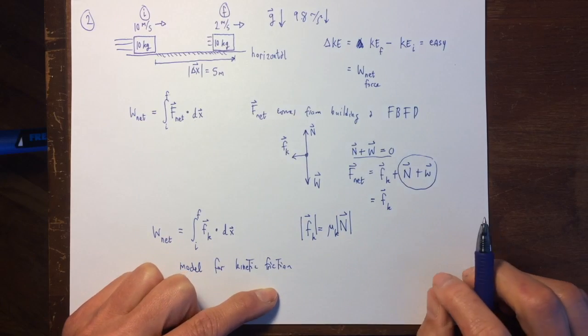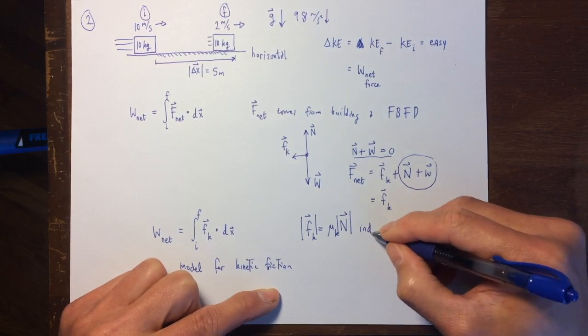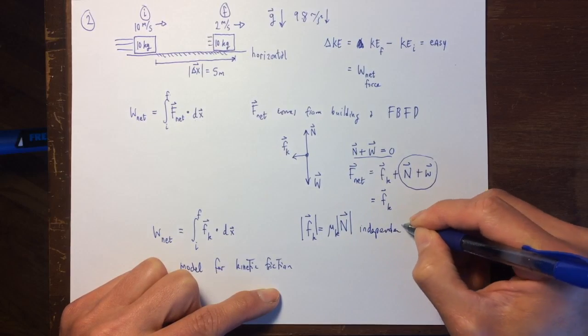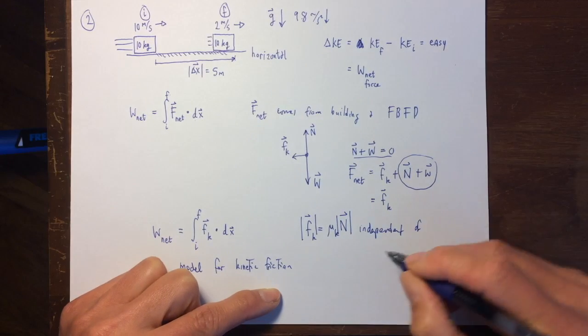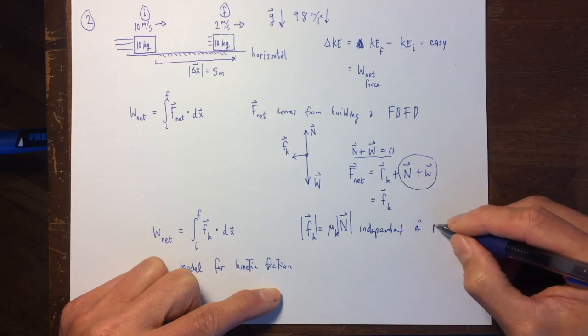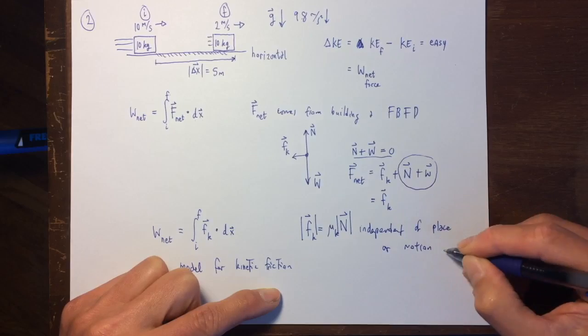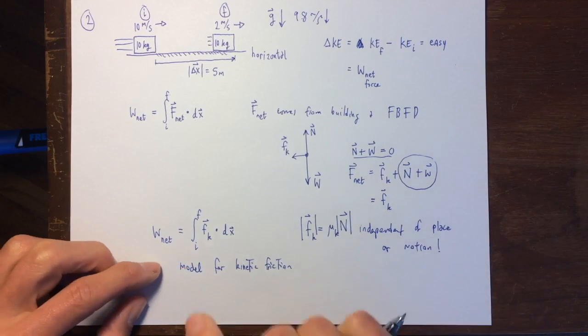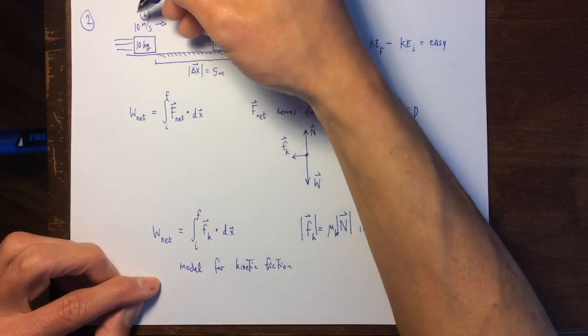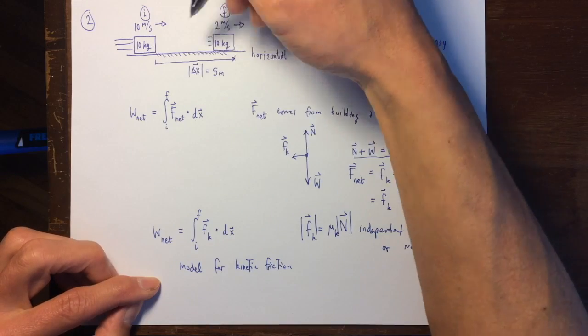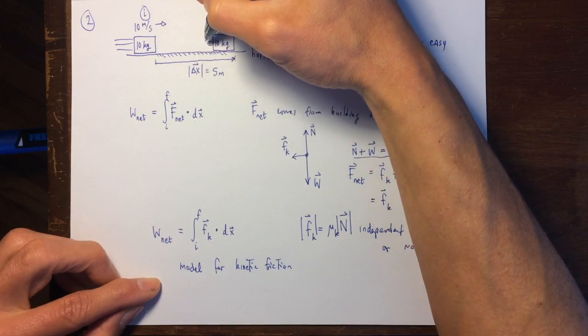This is the idea. In particular, it is independent of place or motion. As I move from the initial to the final place, I've got all these places in between.